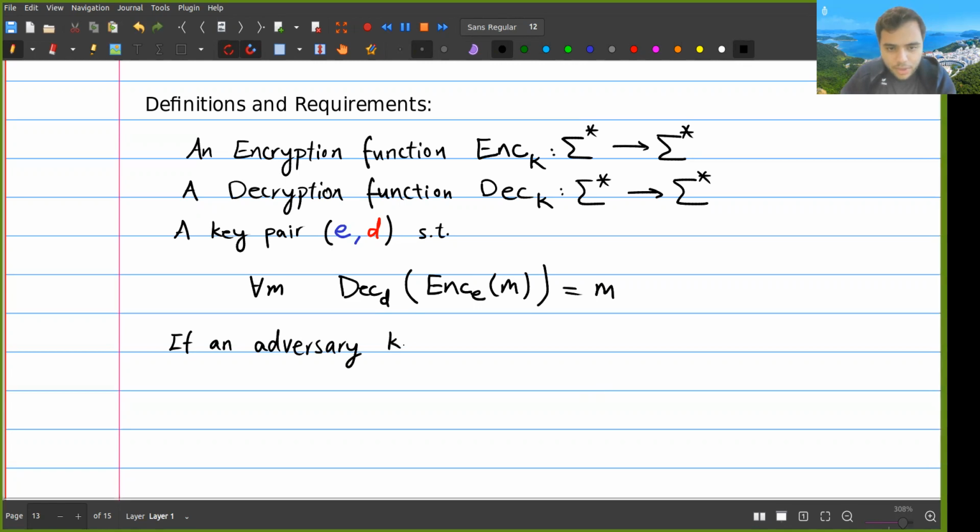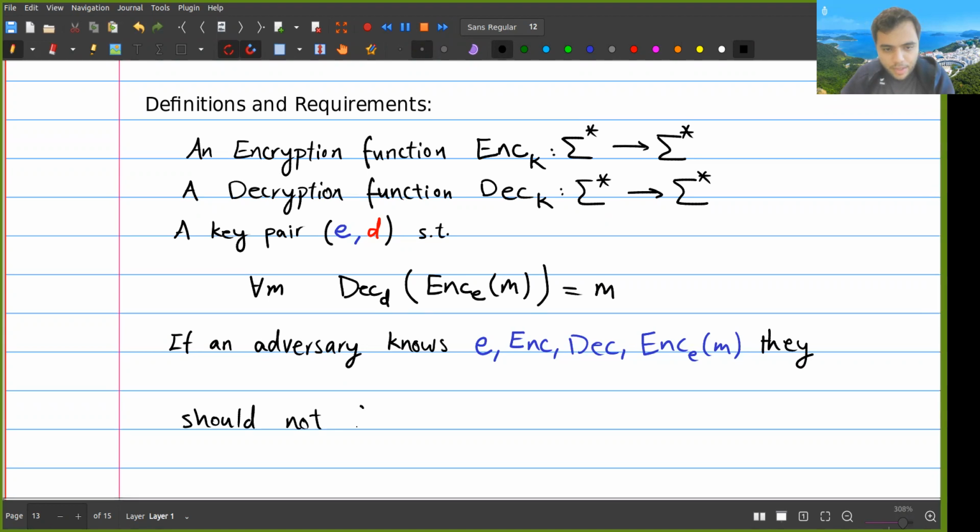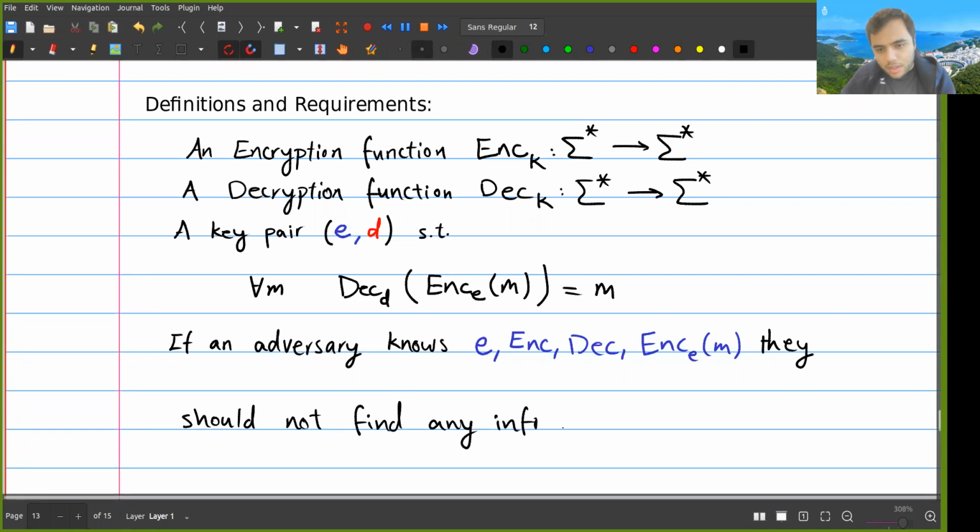So if an adversary knows, let's say, the encryption key, which is something that everyone knows, and the encryption algorithm itself, and the decryption algorithm, and also the encrypted message, they should not be able to compute the message itself or find out anything about it. They should not find any information about the actual message that was sent.